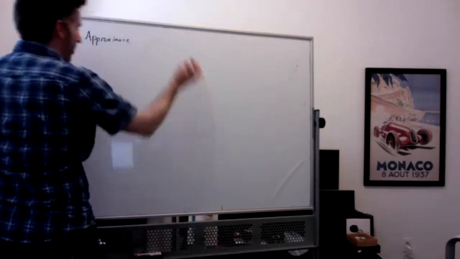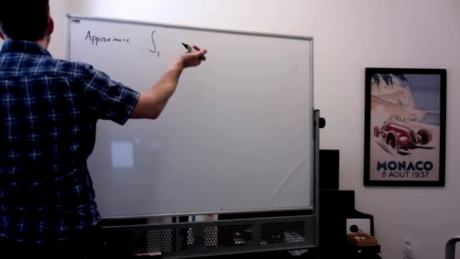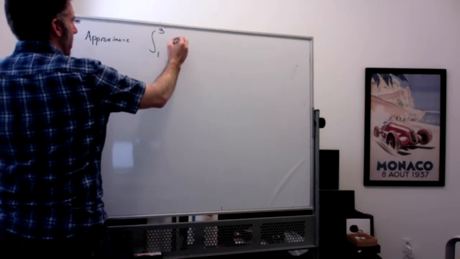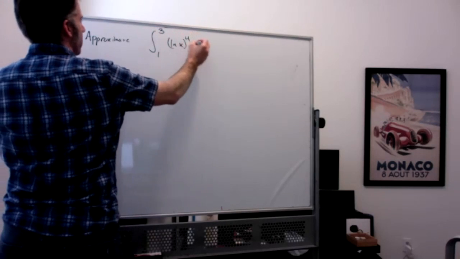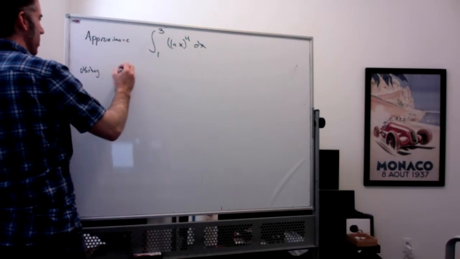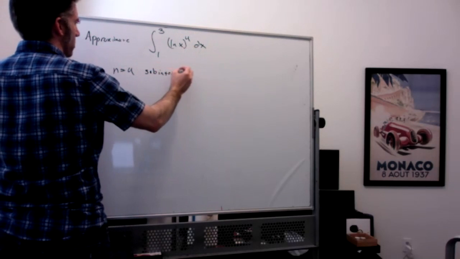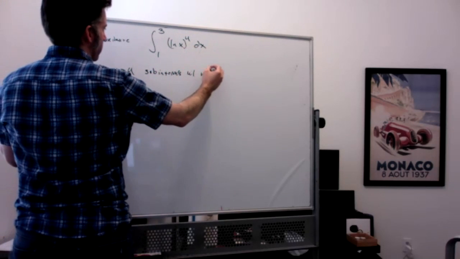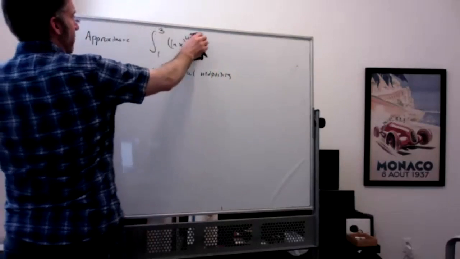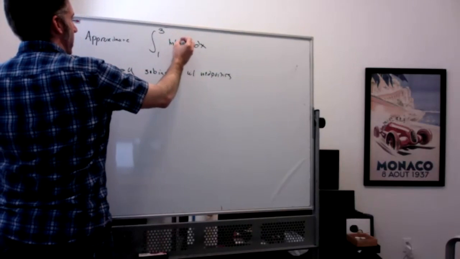I want to approximate the integral from 1 to 3 of natural log of x to the 4th power dx, using n equals 4 subintervals with midpoints. I'm sorry, that should be not natural log of x to the 4th like that. I meant natural log of x to the 4th.